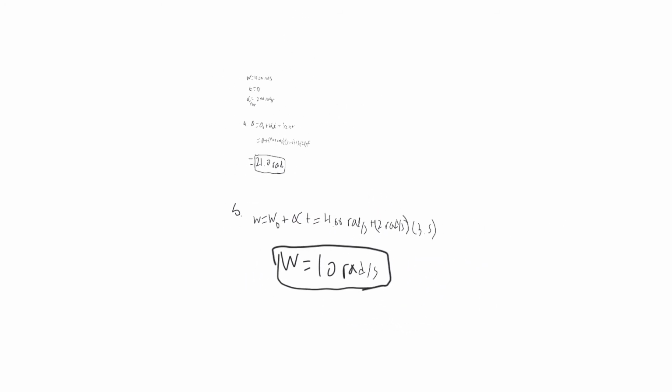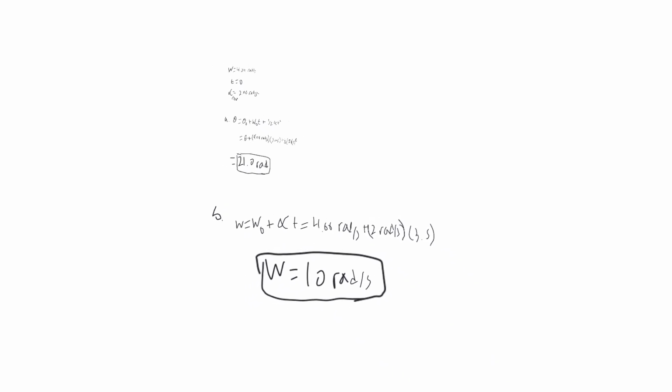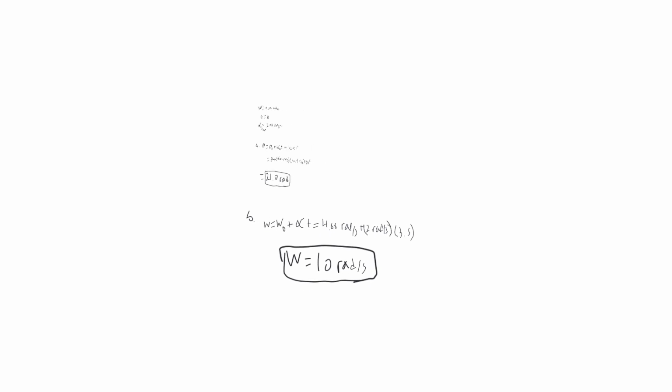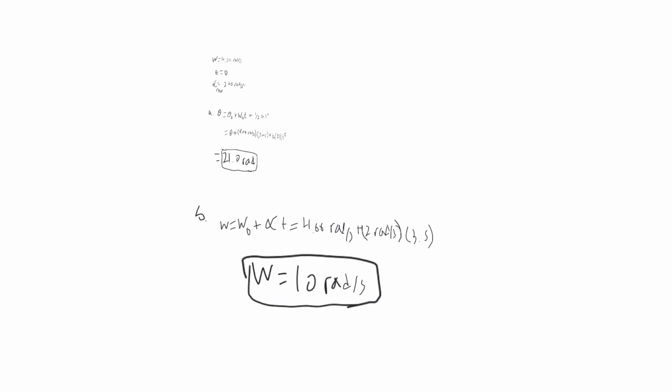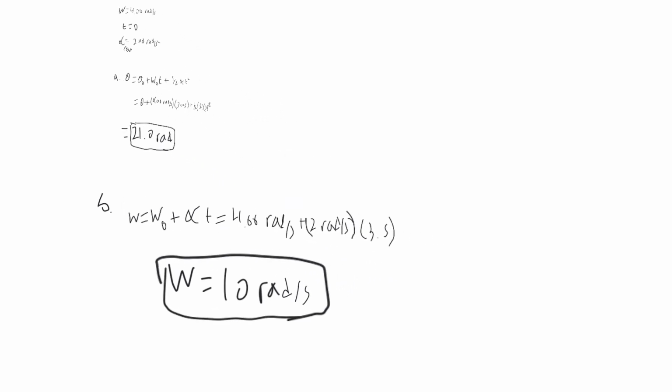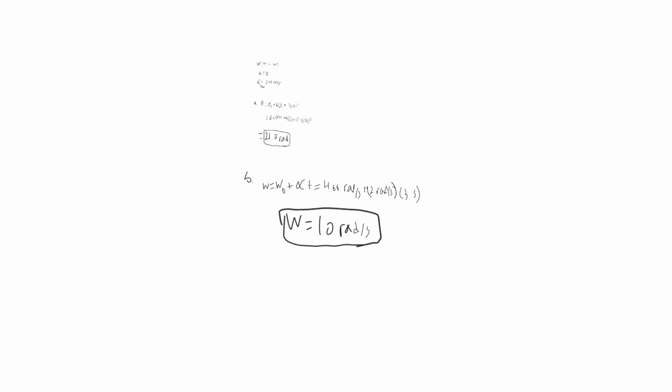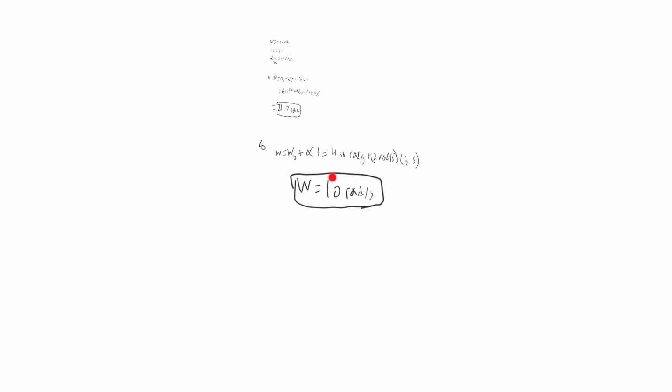So we have the initial angular velocity, which is 4, and then the angular acceleration, which is 2 radians per second squared, times the time, which is 3. And then you calculate it, and you get 10 radians per second. That's the angular velocity.